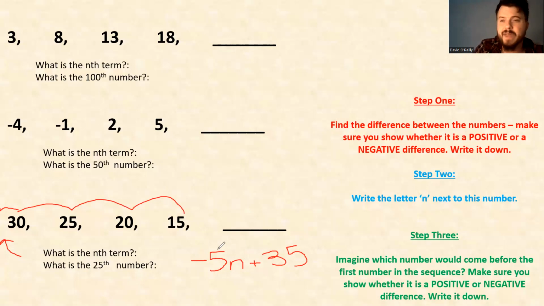Okay, so it's the same thing. We're just keeping that minus symbol there. So minus 5 times 25 is minus 125. And then we need to add 35. So what is minus 125 plus 35? The answer is minus 90. So the 25th number in this sequence is minus 90.